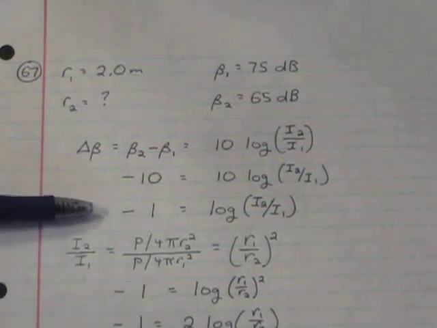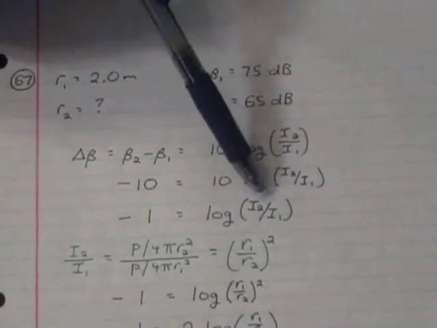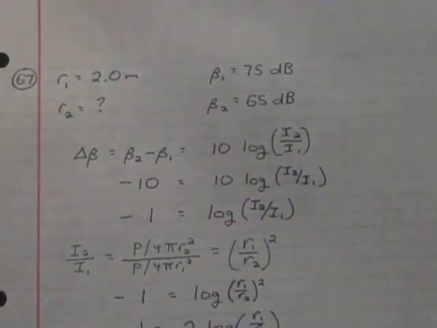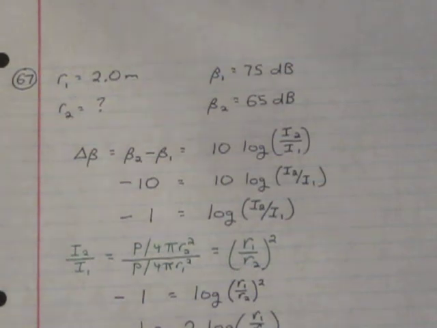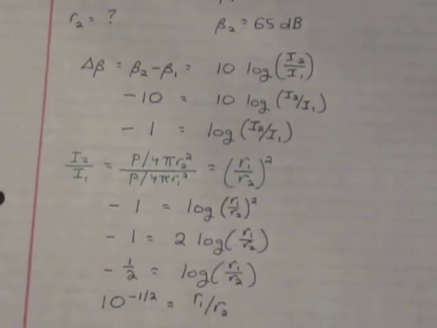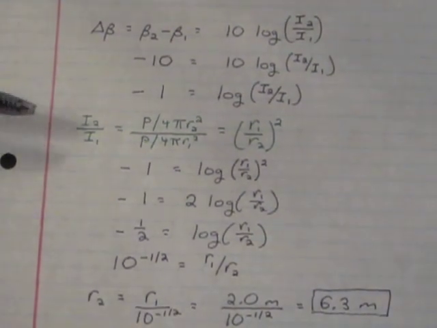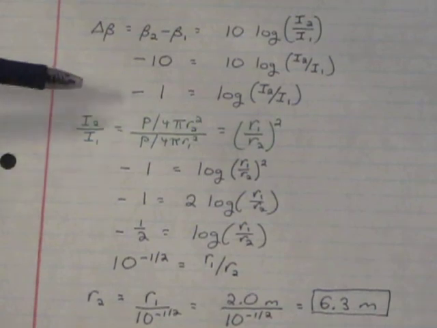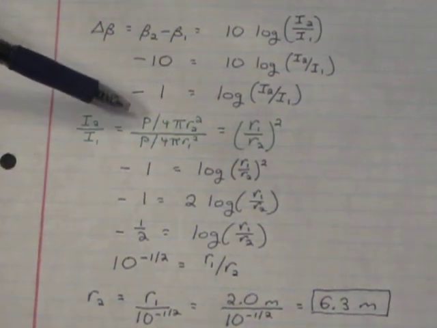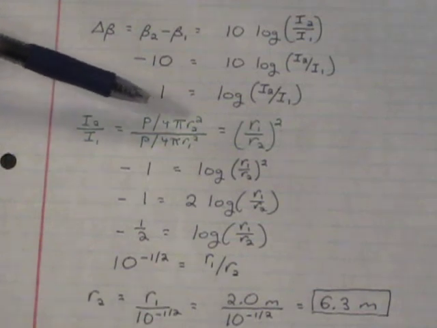Okay, now we have to deal with the distances. And so we have this I2 over I1. What we want is an expression that deals with those distances. I2 is power, P, over 4 pi r2 squared.